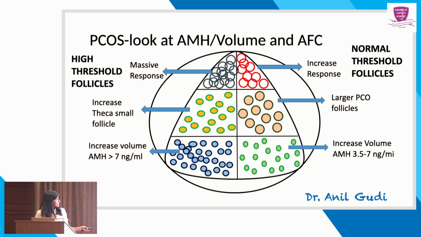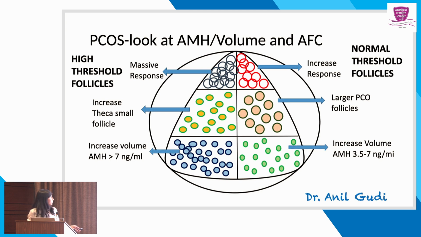And what we are scared of is both things, very low response and very high response. So when we are giving letrozole and she is not responding, then whether adding clomiphene citrate she will have a multiple response, or if that is also not responding, giving gonadotropins at a smaller dose, whether she will have a larger response, again that will depend on this particular slide.